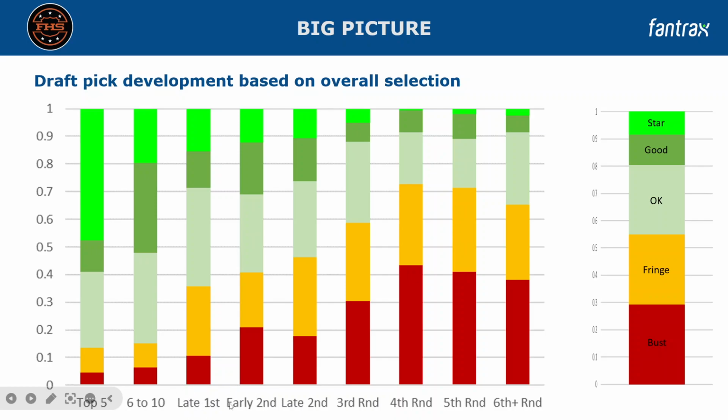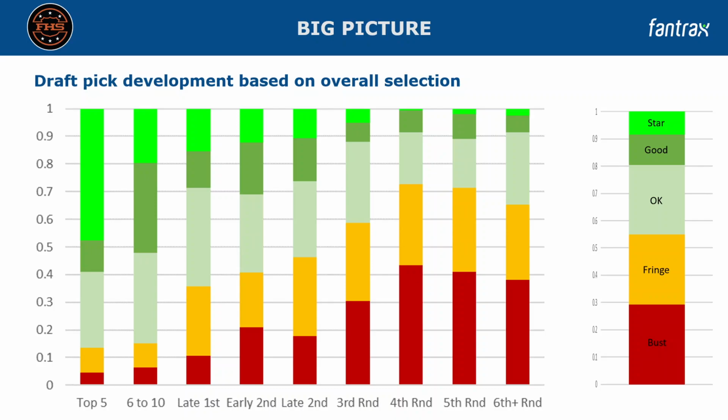Then we have the 21 to 30 selections, so the early second round, late second round, and then the later rounds are all bundled together. So third round, fourth round, fifth round, and 6 plus, because here also falls the initial prospect draft, which had 10 rounds. All the rounds after the sixth are included here.